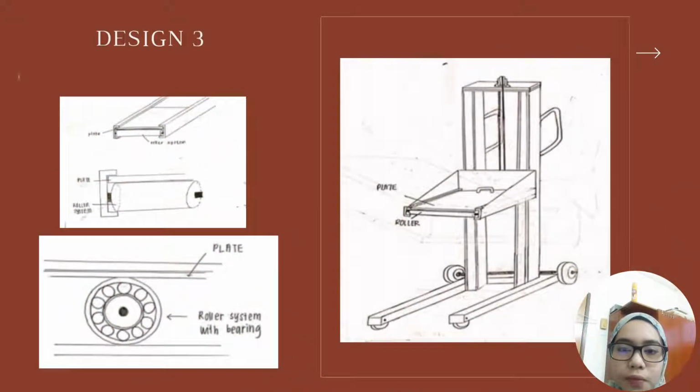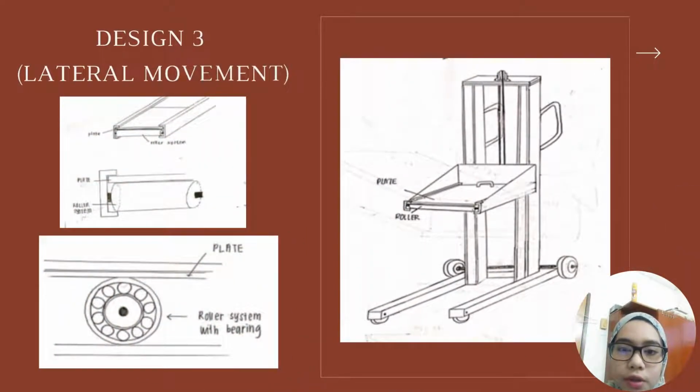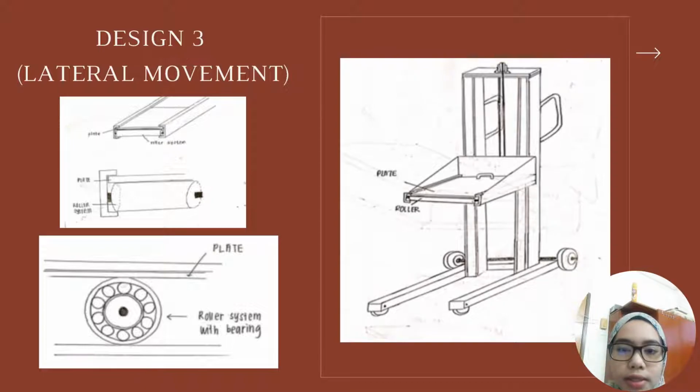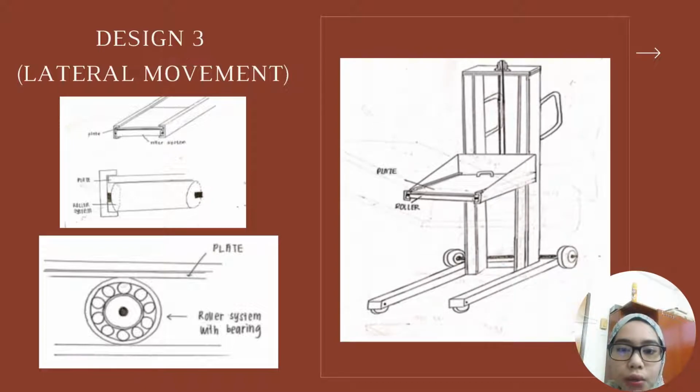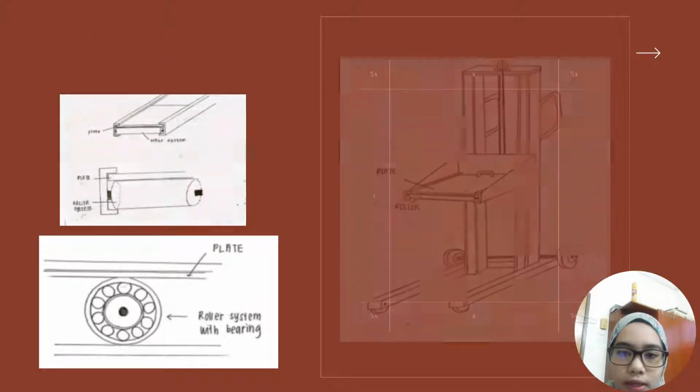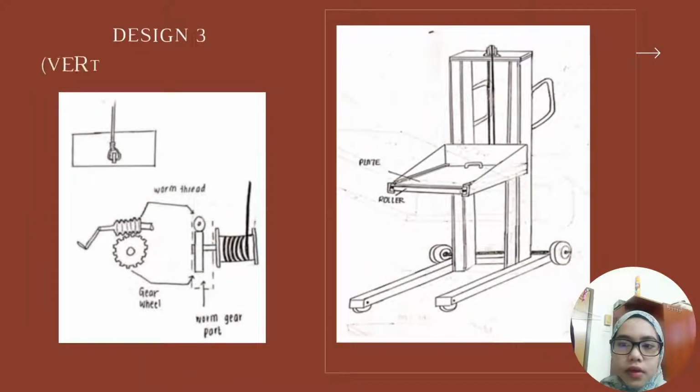As we can see from the slide, for horizontal movement, it uses a roller system with bearing to move the things horizontally. Next, the vertical movement uses a worm gear and pulley system to move up and down during the lifting process.